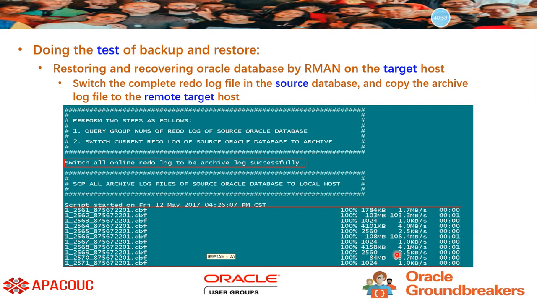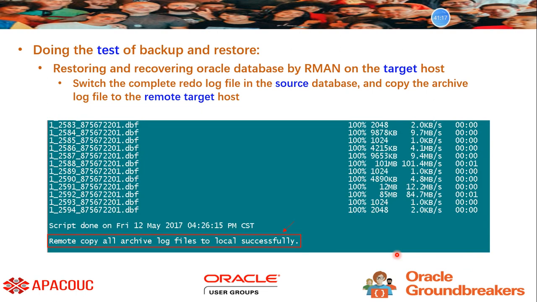Next two slides indicate switching online redo log files to become offline archive log files successfully and scp of them to the target host successfully as well.